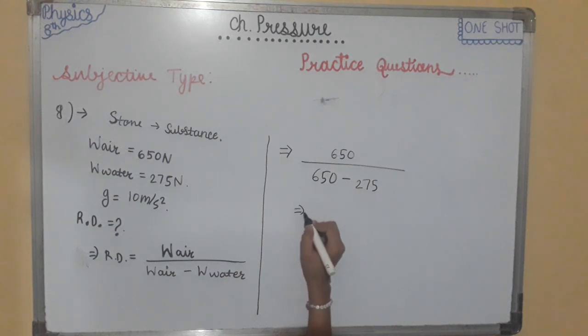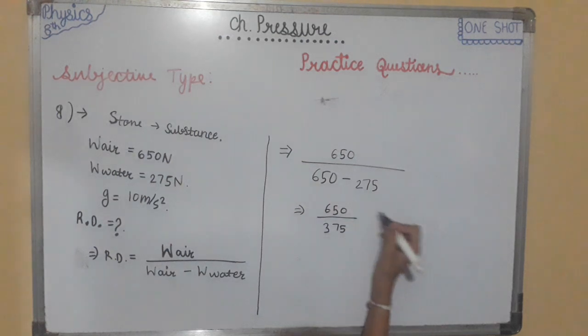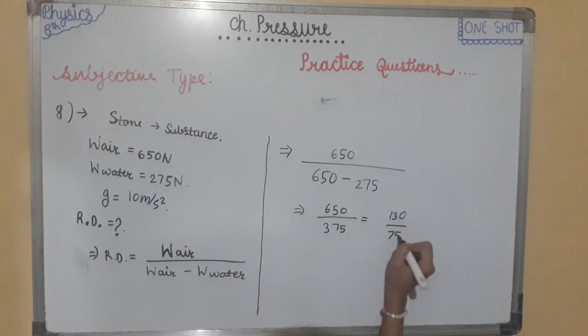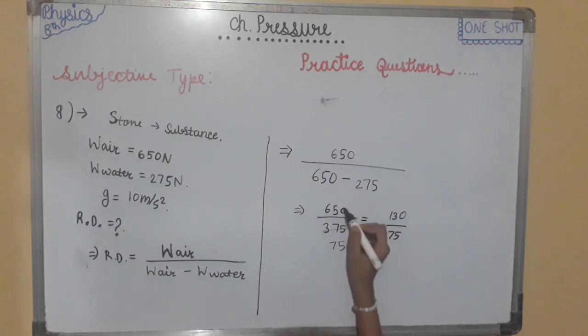By subtracting the value in denominator, we get 650 upon 375. By simplifying, we'll get 130 by 75. If we simplify this by 5, 7 5s are 35, 2 carried, 5 5s are 25.